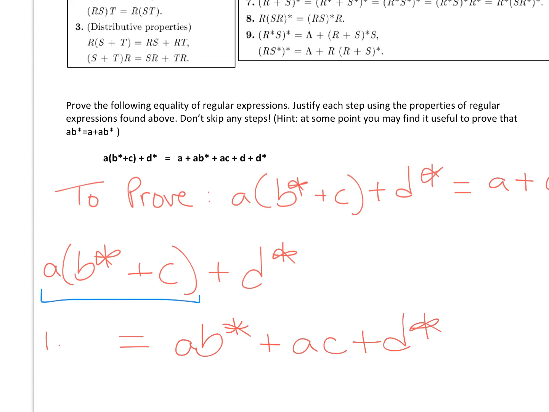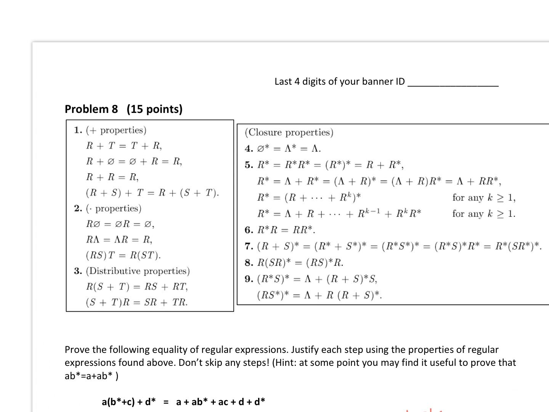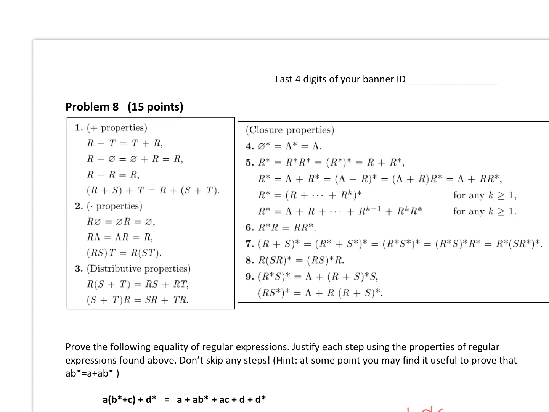And my reasoning, I need to tell you what's my reasoning for this. If we look up in my properties here, at the distributive properties, we've got that if I have R times S plus T, that's the same as RS plus RT.